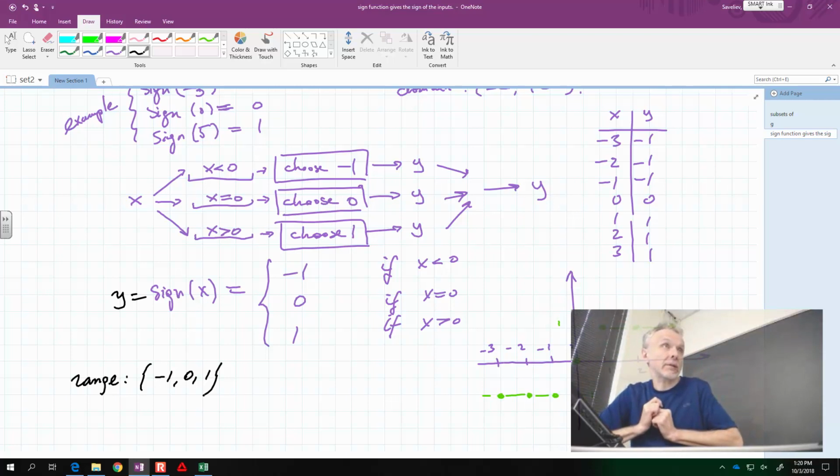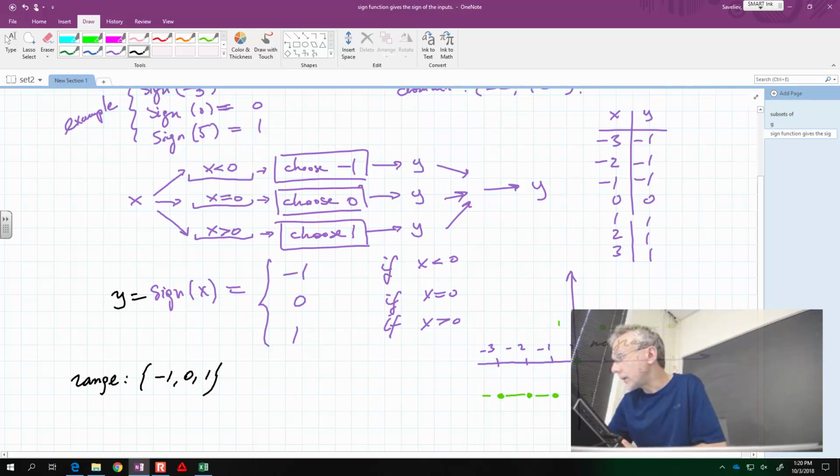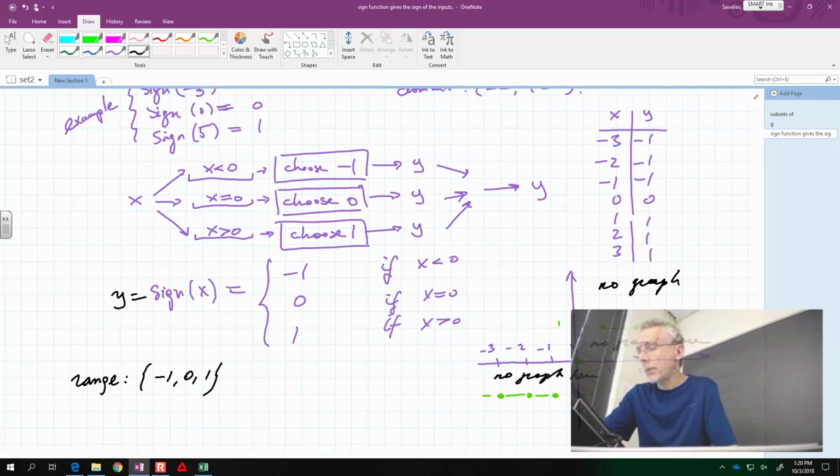That's it. There is nothing else. So you are not allowed to have a graph here, here, or there, because there are no values of y. In fact, I'm going to plot the range. This is the range. Maybe a better choice of color.